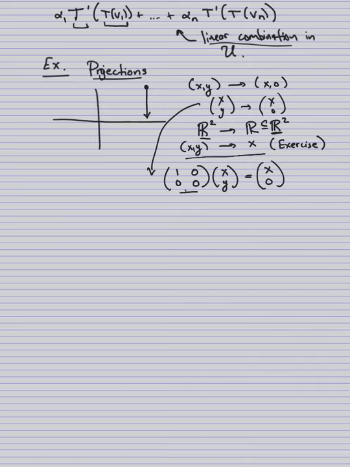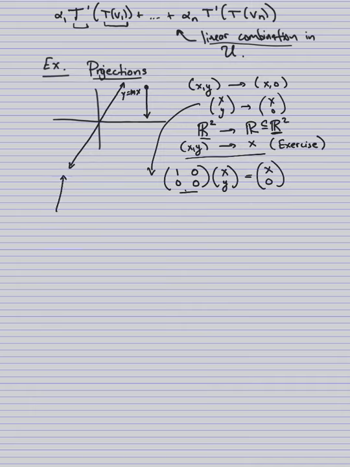If I want to do another projection, notice it's not going to be a linear transformation unless I project onto a line which passes through the origin. So this is like a line y equals mx.